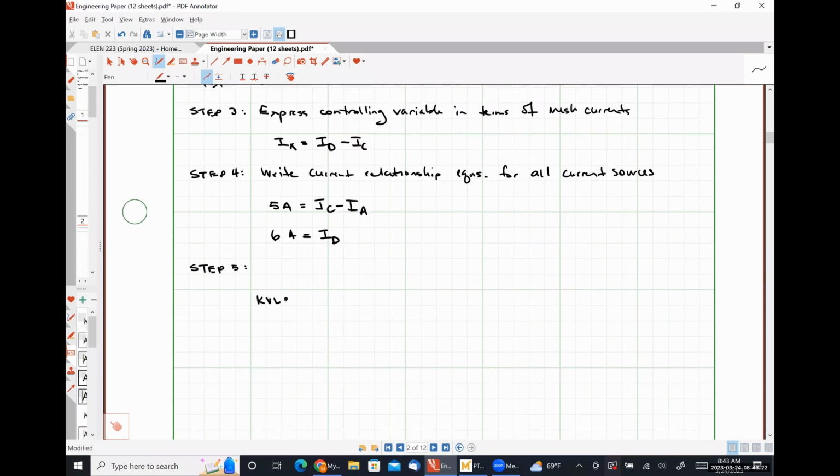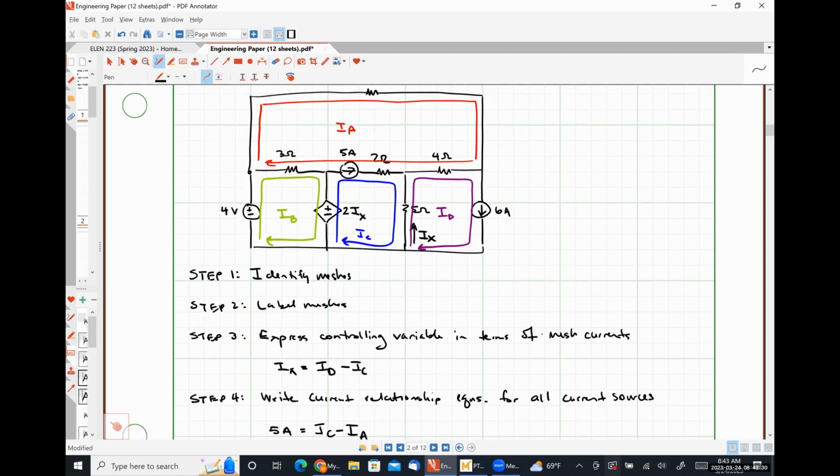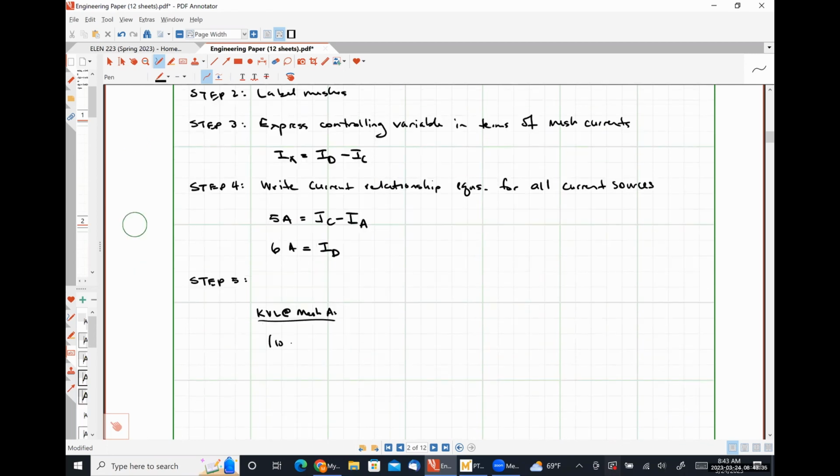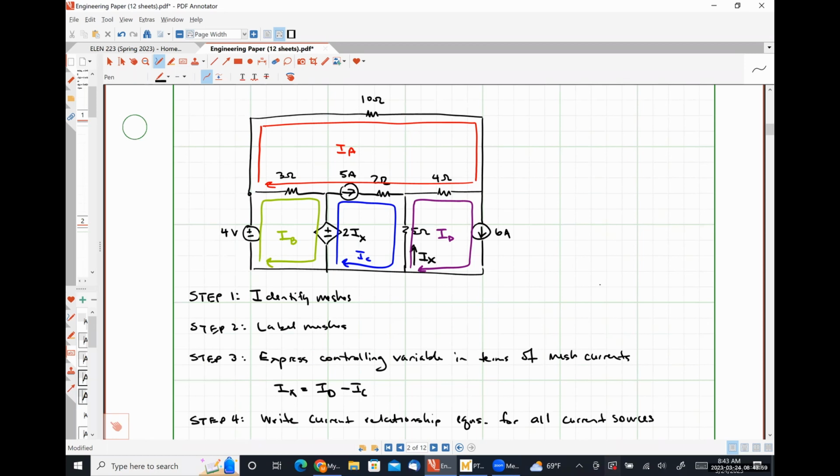So if we write KVL at mesh A, we are going to have, let's see, 10 ohms times IA, plus 4 ohms times IA minus ID, plus 2 ohms times IA minus IC, plus the voltage drop across the 5 amp source.